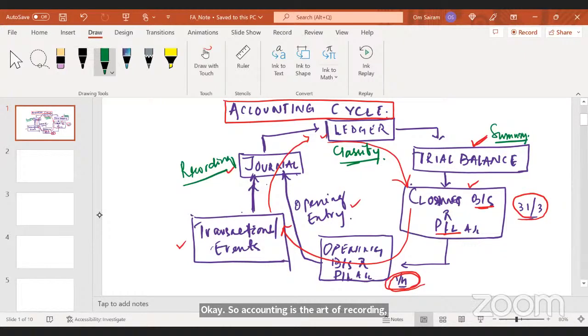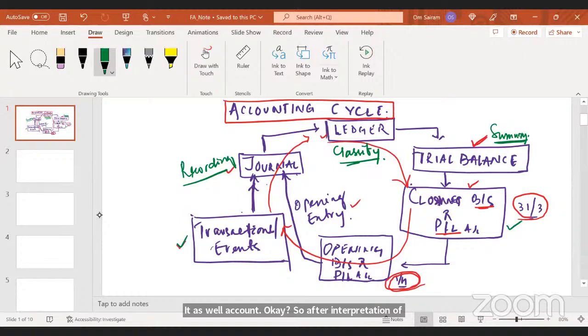These are the raw business transactions, which are in terms of money. That means at least financially in character, and interpreting the result thereof. Interpreting how? After preparation of the summary, we are preparing the final accounts or financial statements, where we are interpreting the result with the help of closing balance sheet as well as PL account. Okay. So after interpretation of the result, what are we doing?